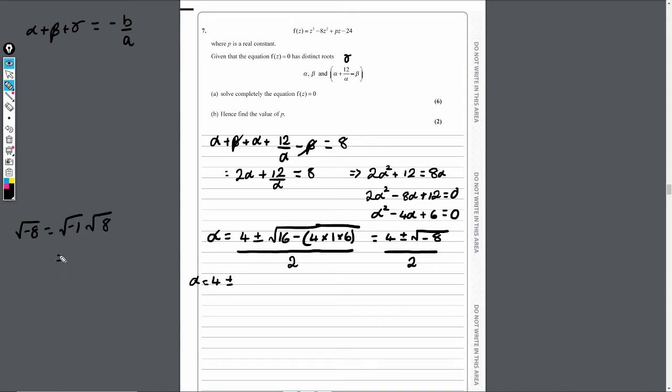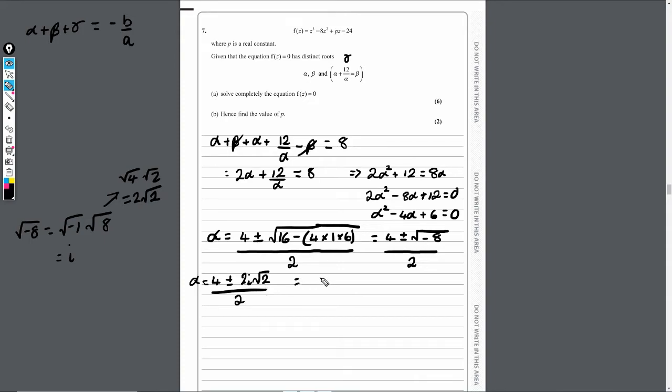The square root of minus 1 is i. The square root of 8 is root 4 root 2, which is 2 root 2. So this would be 2i root 2, and now this is divided by 2, so we can divide each term by 2.